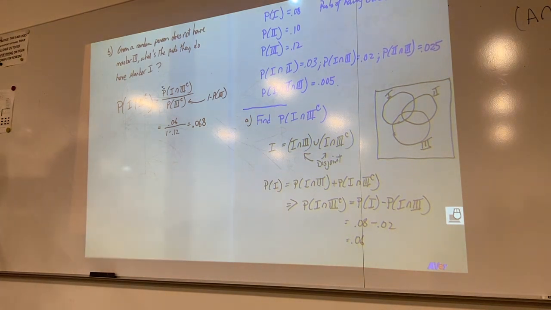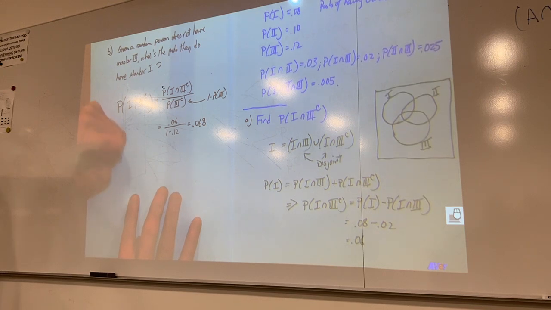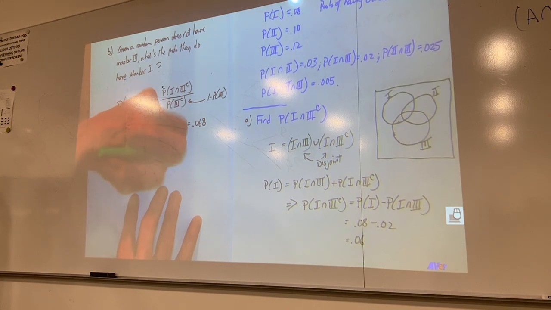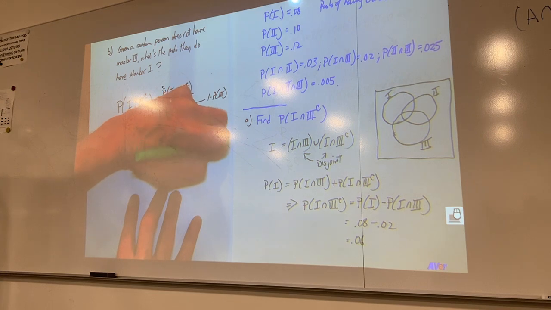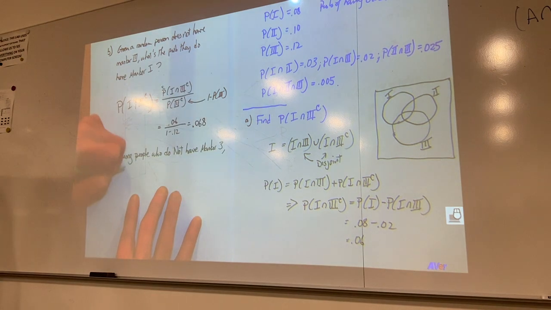Good. So in other words, based on these numbers, among people, or whatever your population is, I don't mean to always talk about people, who do not have marker 3, 6.8% of them have marker 1.